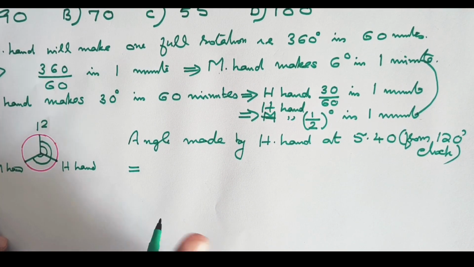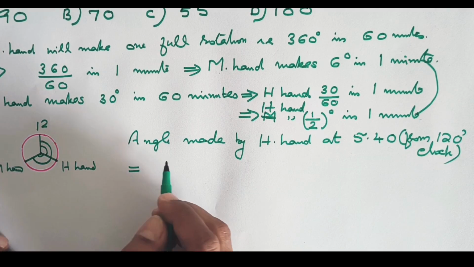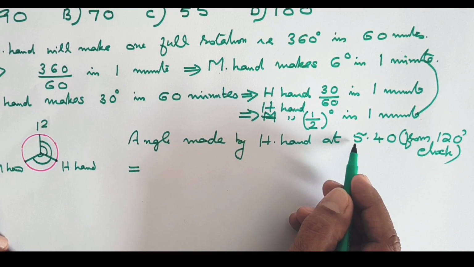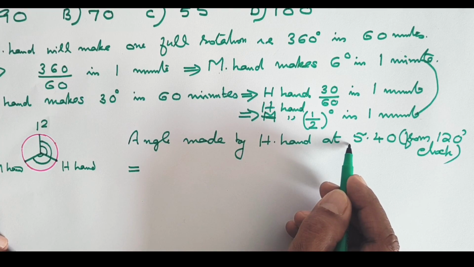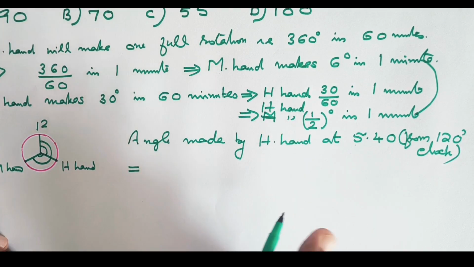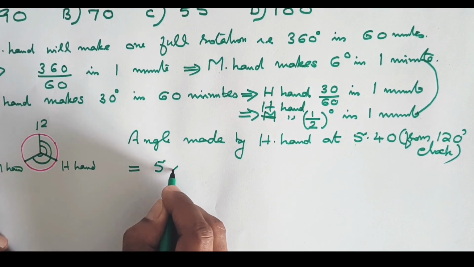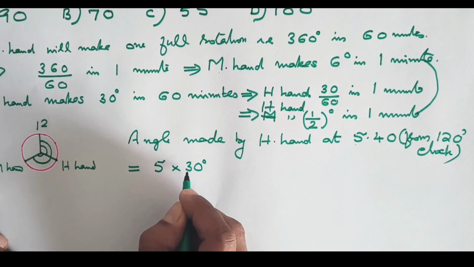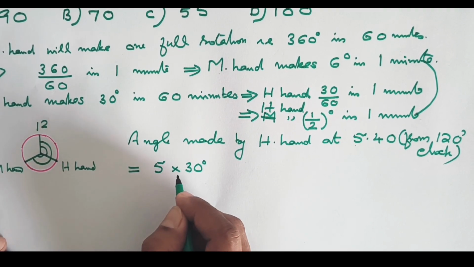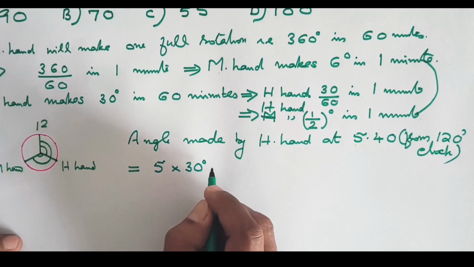See, we know that in 1 hour our hand will make 30 degree. So in 5 hours, from 12 o'clock, when you come to 5:40, as you can see, there is 5 hours and 40 minutes. So during that 5 hours, our hand will make 30 degree for each 1 hour. So this will be the total angle made by the our hand at 5 o'clock.